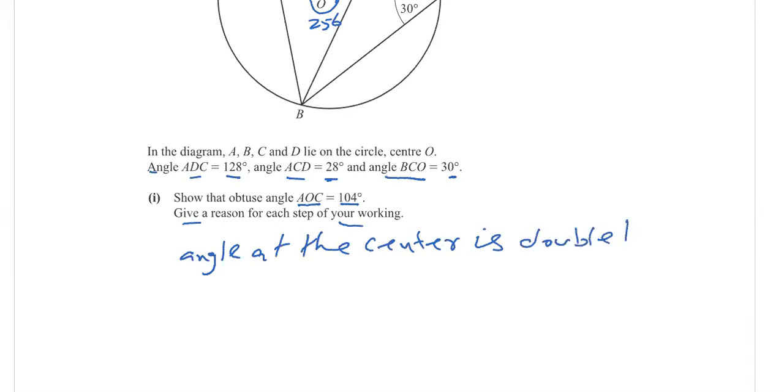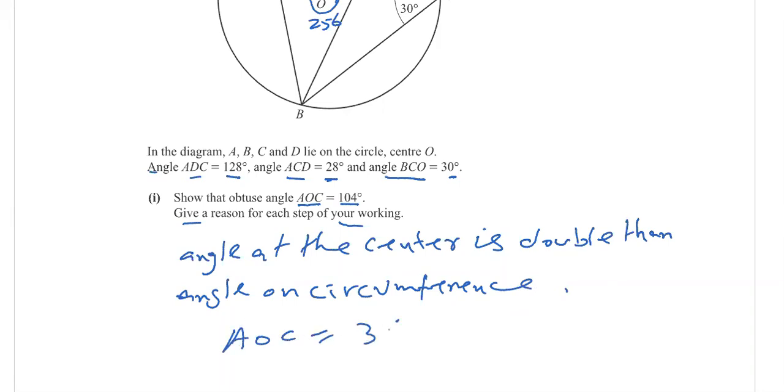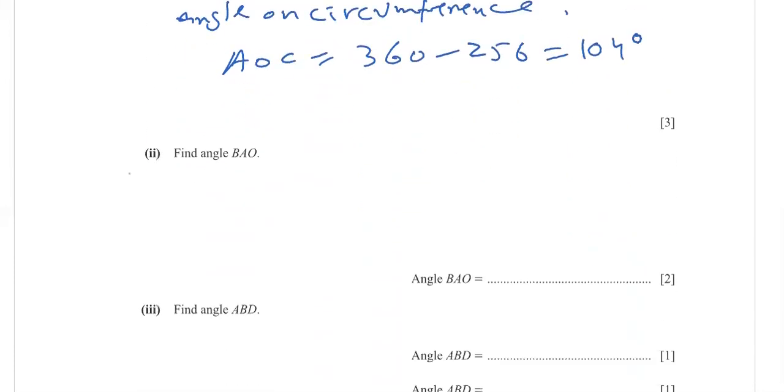So I can say the angle at the center is double the angle on the circumference. So finally, this AOC will be equal to 360 minus 256, which is 104. I think we did this question in some other paper also. I don't remember exactly, but it resembled this one.